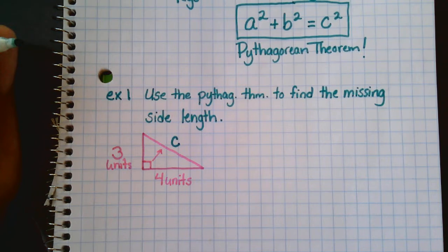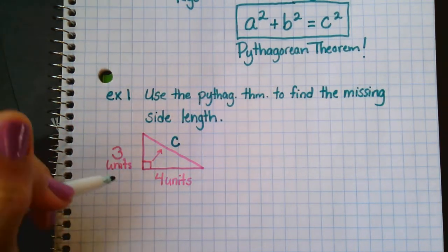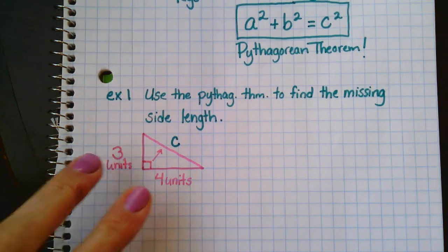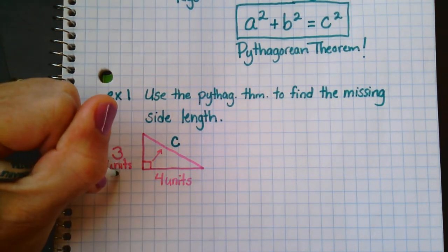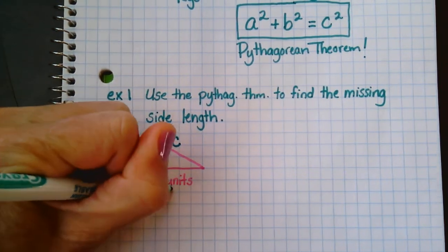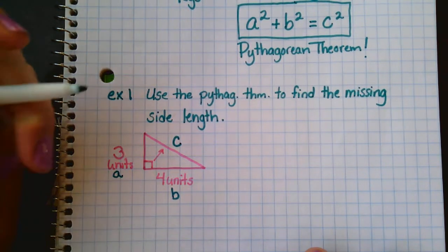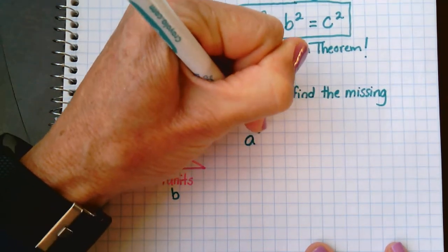And then the two shorter sides are A and B, and it does not matter which one we call A or which one we call B, because we're going to be adding them together when we square them. So let's call this side A and this side B. Okay, we're using the Pythagorean theorem, so I'm going to write it here.